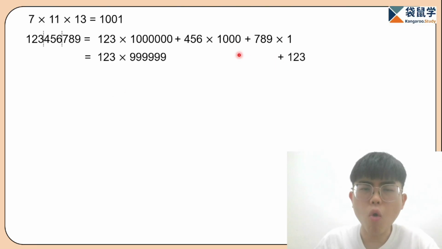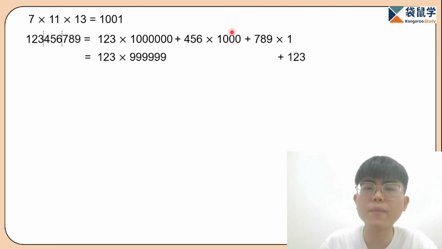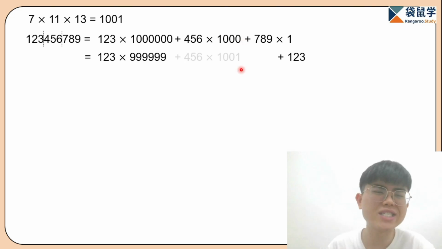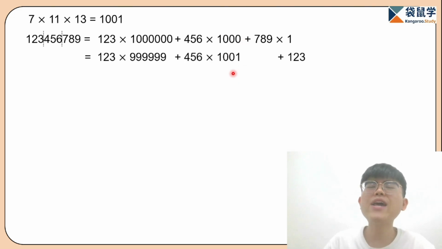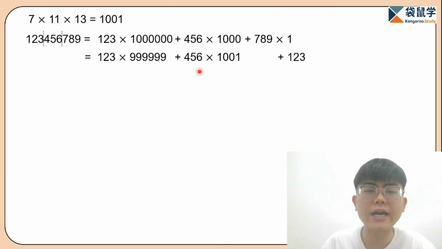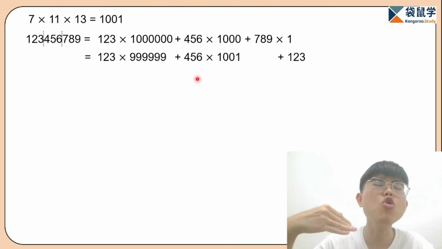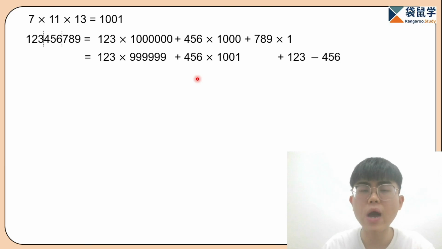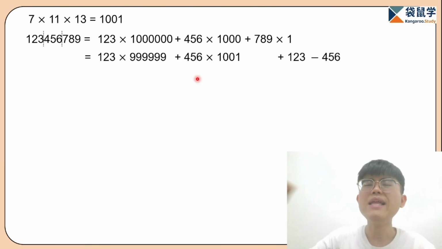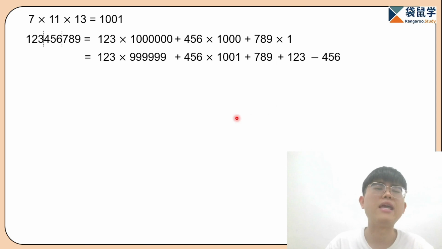Then the next one, change it to the closest multiple of 1001, which is just 1001. You can see that here we have one extra 456, so to make sure it is still equal, we minus the 456 behind it. And finally, 789, we just leave it at 789.